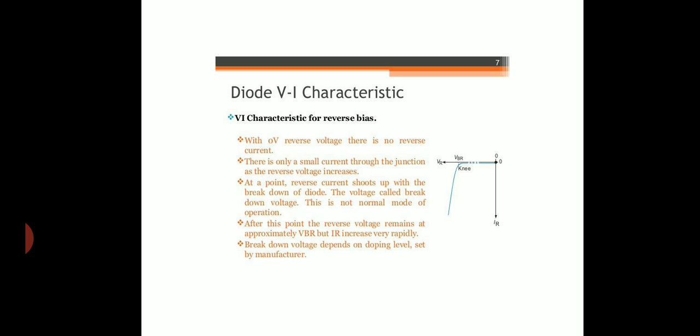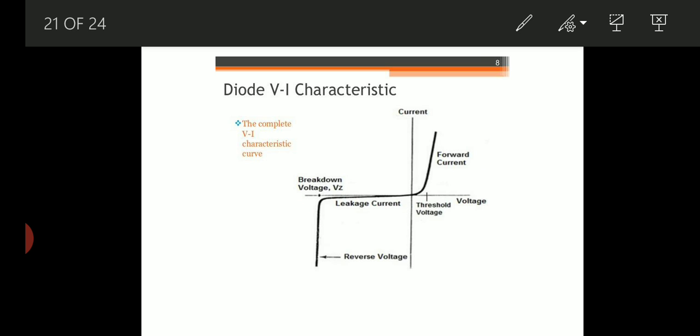This is not the normal mode of operation. After this point, reverse voltage remains at approximately the breakover voltage, but reverse current increases rapidly. This breakdown voltage depends on doping level as per the manufacturer.